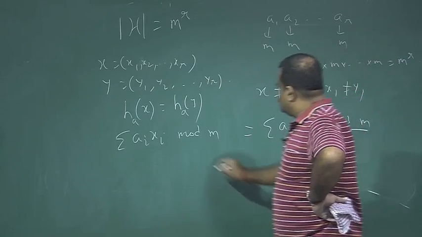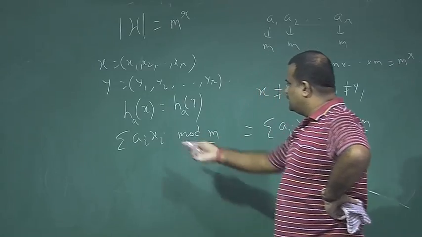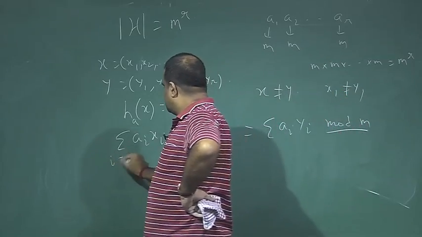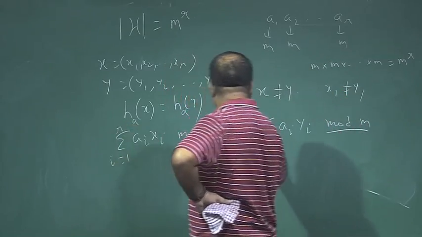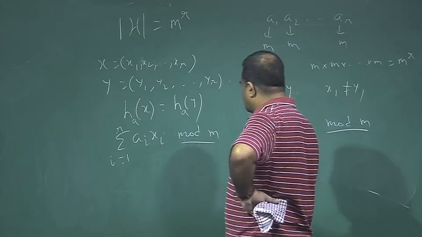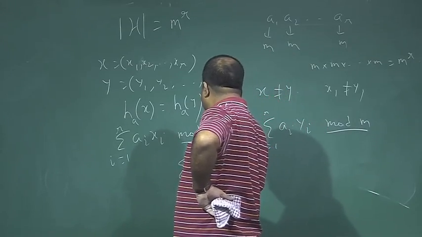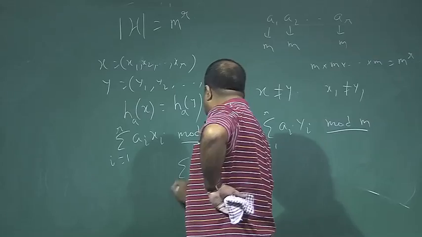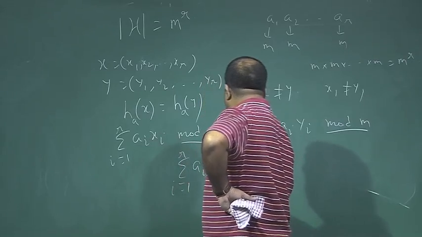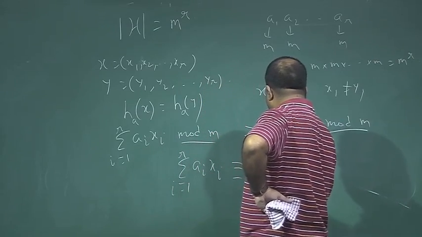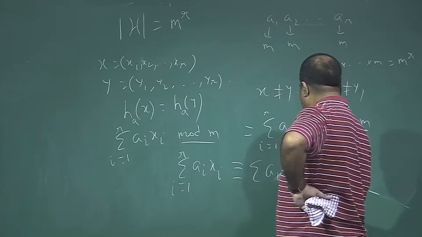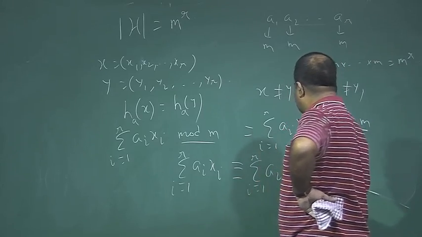So if these two are equal under mod m, they are congruent. That means the summation of ai xi for i equal to 1 to r is congruent to the summation of ai yi for i equal to 1 to r mod m.